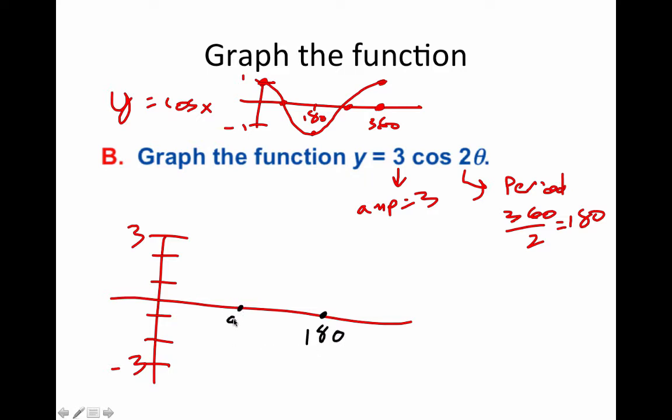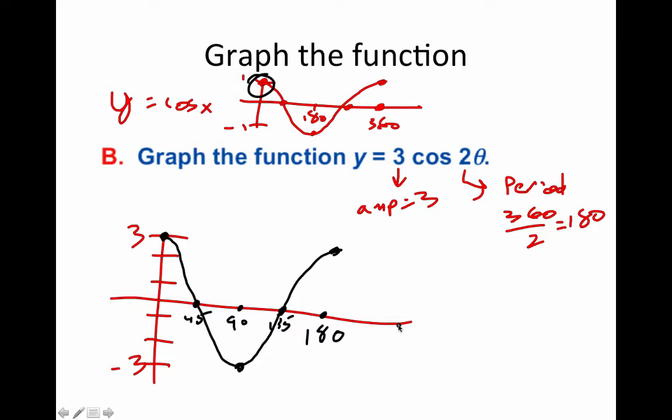Here's my 90, halfway 45, halfway 135. Cosine starts at its maximum, zeroes out here, bottoms out halfway, zeroes out here, tops out here. So we've got down and up. And that's one cycle with the period as 180.